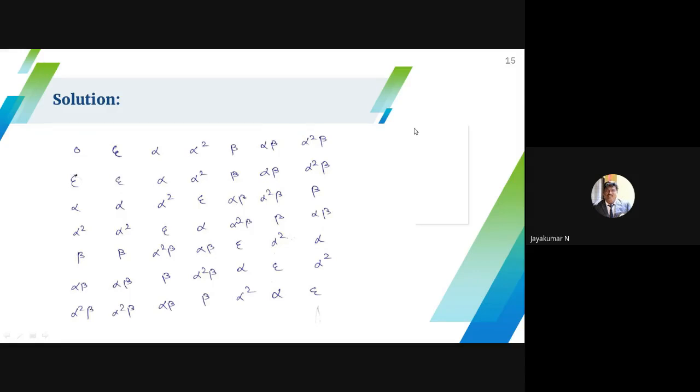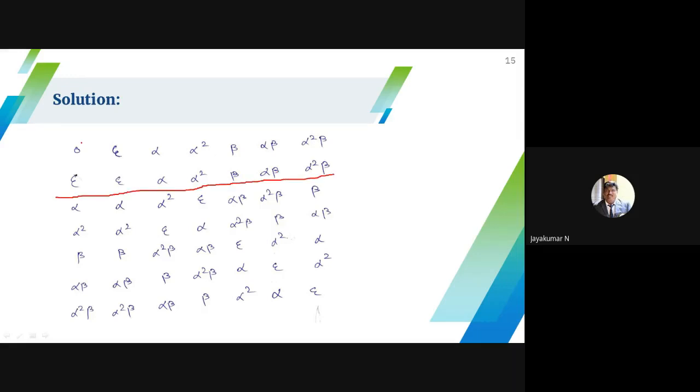See, please listen. Identity into anything gives that element. So epsilon into epsilon is epsilon, epsilon into alpha is alpha, epsilon into alpha square is alpha square, epsilon into beta is beta, epsilon into alpha beta is alpha beta, epsilon into alpha square beta is alpha square beta. This is the easiest way.